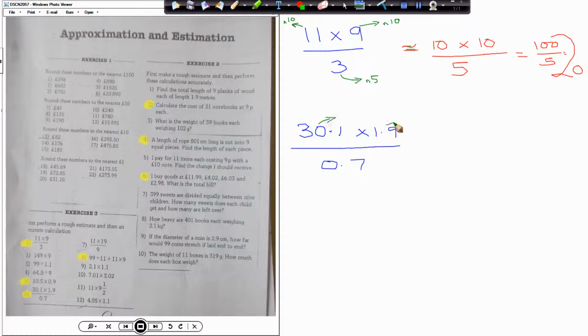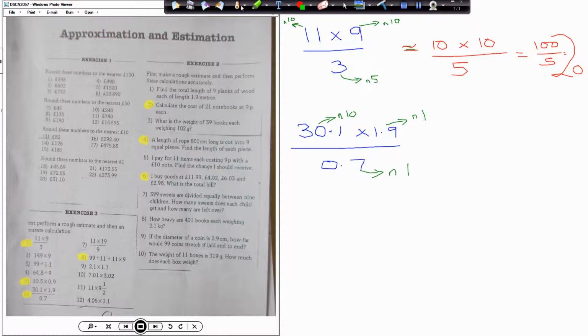Everybody else be quiet and listen. So 30.1 we're going to round to the nearest 10. 1.9 we'll round to the nearest whole number, 1. 0.7 we'll round off to the nearest 1, because the highest place value here is units, the units column.